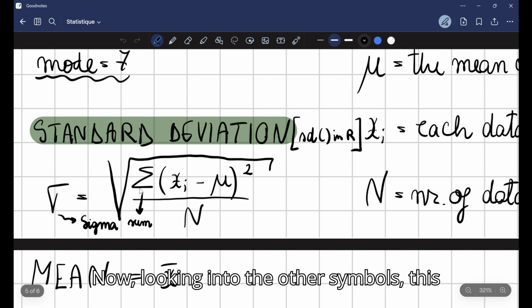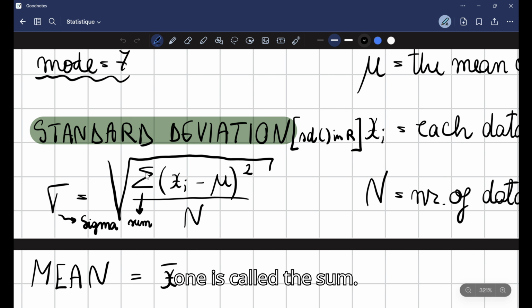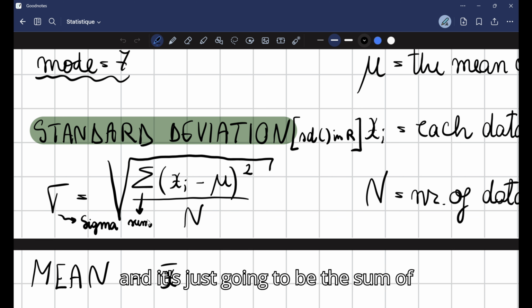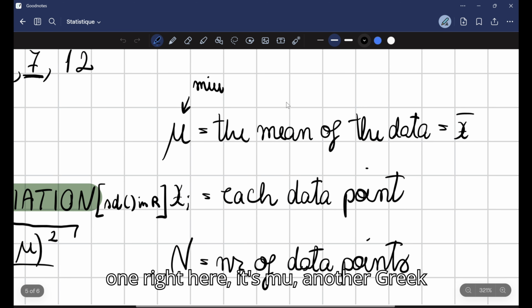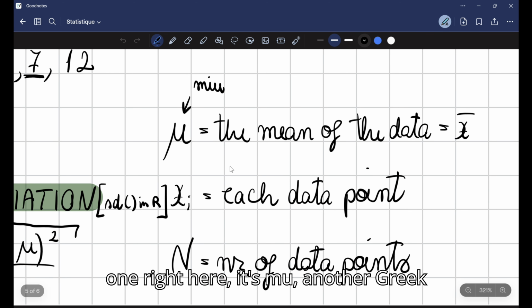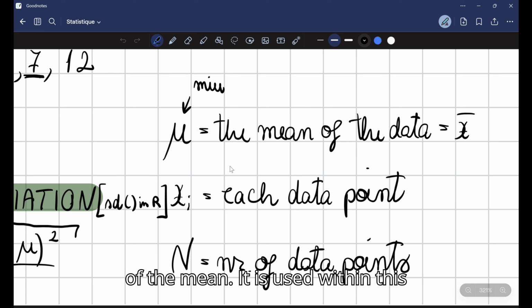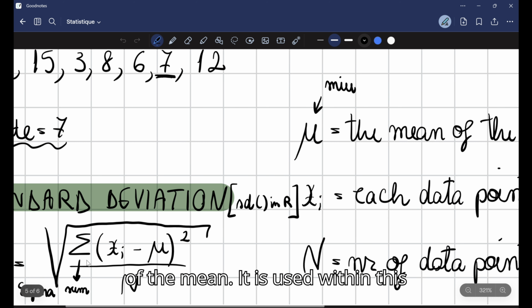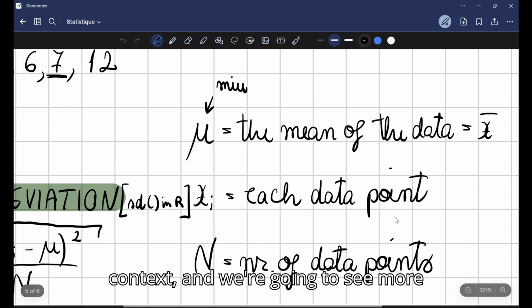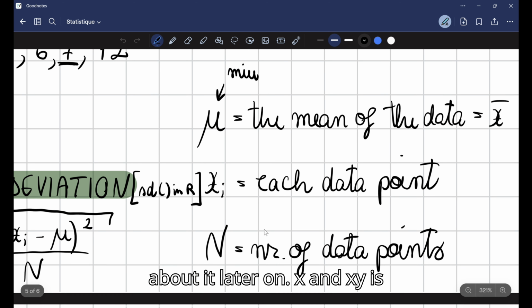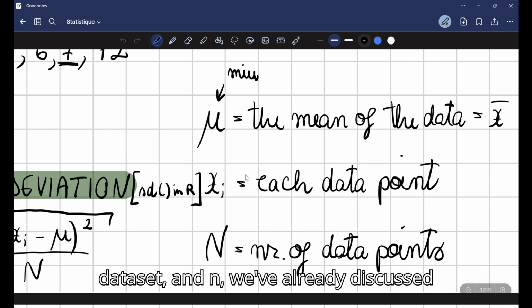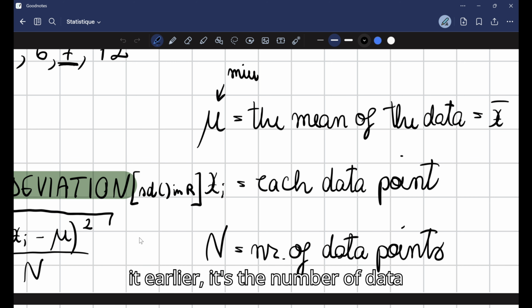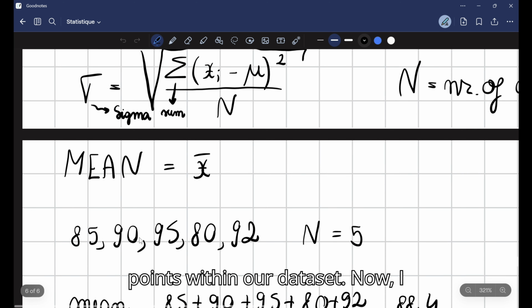Now, looking into the other symbols, this one is called the sum, and it's just going to be the sum of everything that's inside of it. This one right here, it's mu, another Greek letter, and it's just another equivalent of the mean. It is used within this context, and we're going to see more about it later on. X index i is going to be each data point within our dataset, and n, we've already discussed earlier, is the number of data points within our dataset.